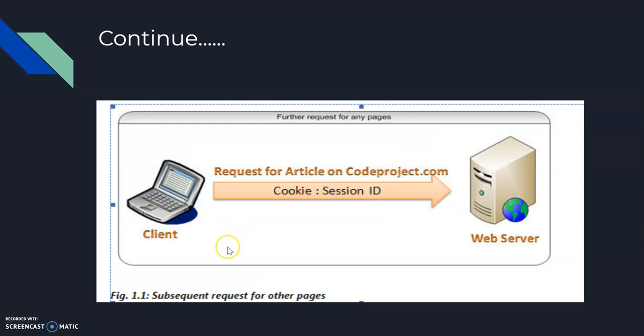Next time, after some time, when the client revisits this web server, it will send the session ID along with that request to codeproject.com. Then the web server will identify which user this is and what the preferences are, and it will give the information related to the last search done by this client.